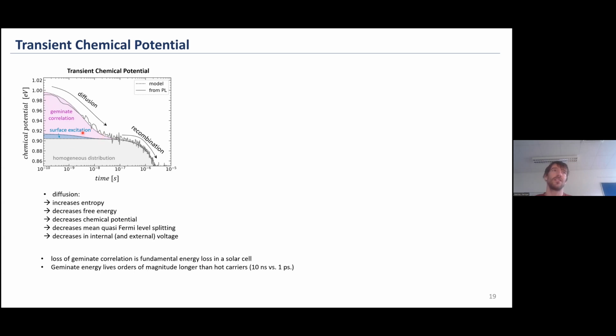So in this case, you could use this geminate energy for a much longer time, by orders of magnitude. Unfortunately, it cannot really be used in a solar cell. One has to think of other ways of energy conversion. One way that already works is converting your energy back to photoluminescence, because we have seen that this geminate correlation boosts the photoluminescence.